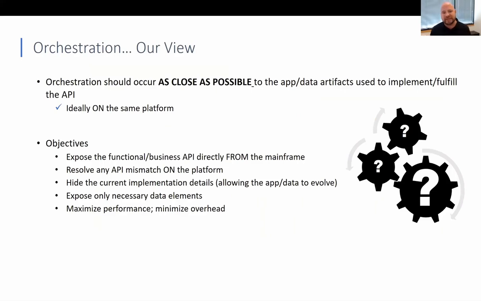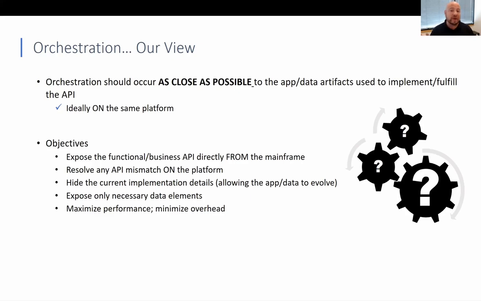The reason we're showing these examples of orchestration running on the mainframe is because it's the orchestration of rapidly running transactions on platform. But look at the broader rule. Orchestration should really be as close to the applications, as close to those transactions as possible. If the transactions are happening outside the mainframe, put the orchestration outside the mainframe.